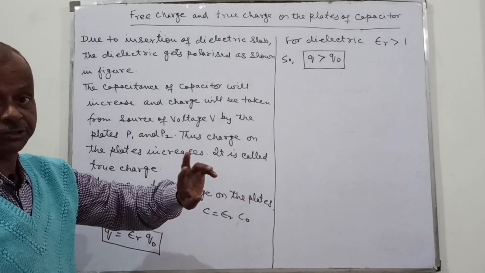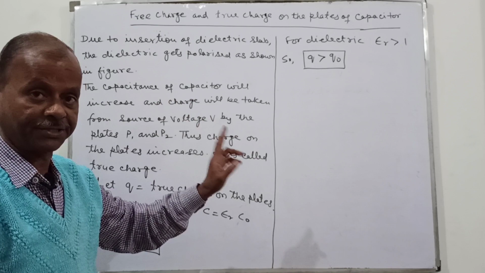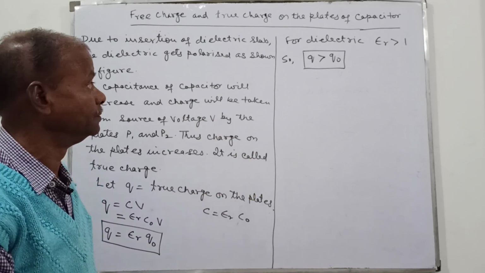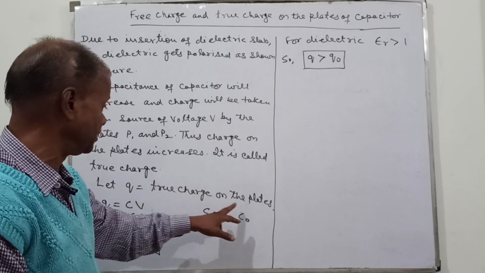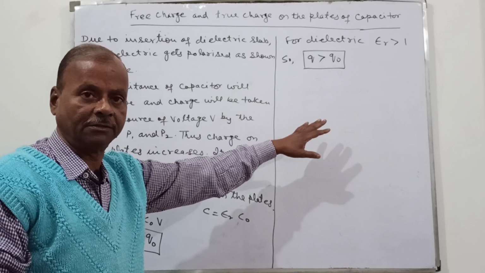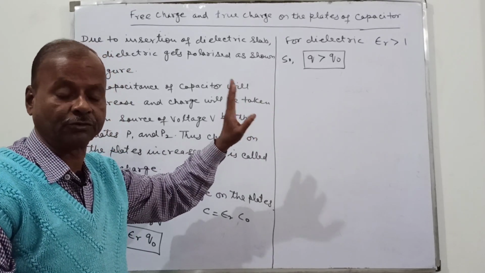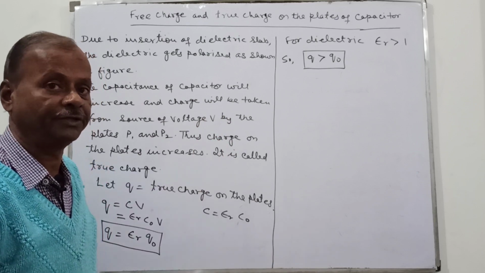So charge on the plates is more than the initial value after the insertion of the dielectric slab. So this Q is called the true charge, and before the insertion of this dielectric, the charge collected by the plates is called the free charge. It means that the true charge is more than the free charge.